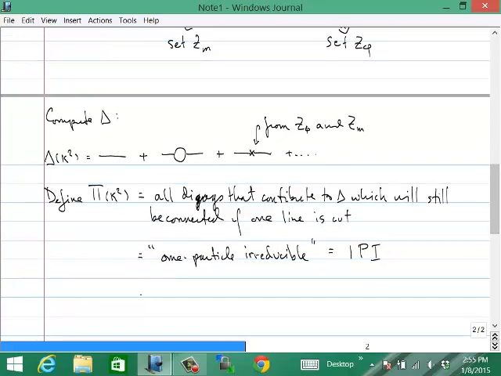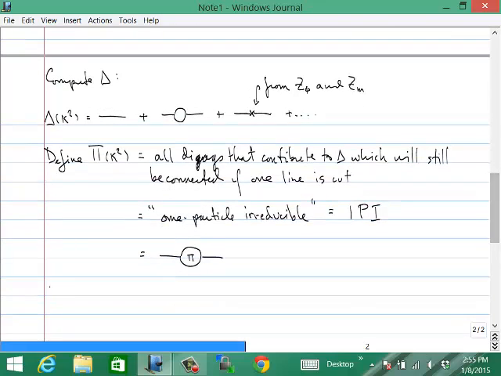So then in pictures, we can represent all those diagrams like that. Here I've just inserted a blob that I'm calling pi that represents any possible contribution to delta that has the property that it's still a connected diagram even if you cut one of the lines. Here, that's not a loop with a pi in it, that's just some general blob. Okay.